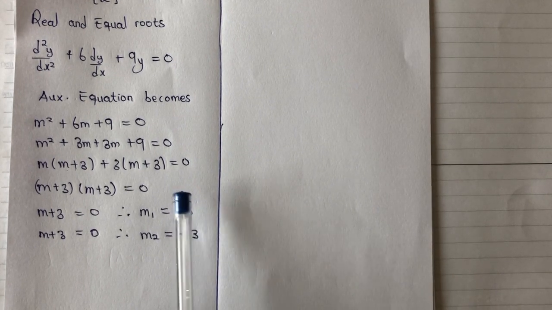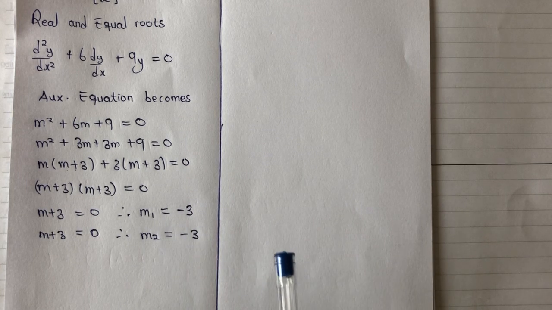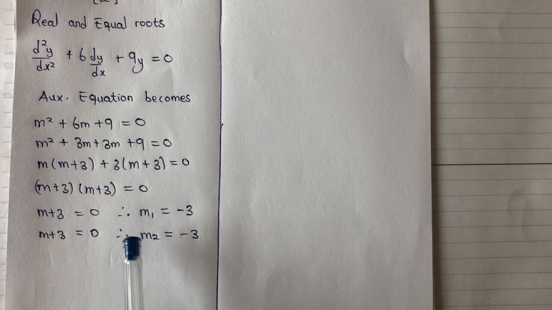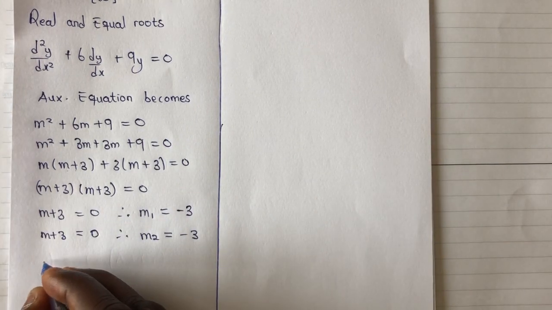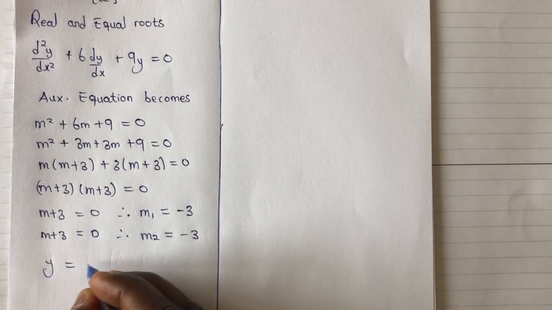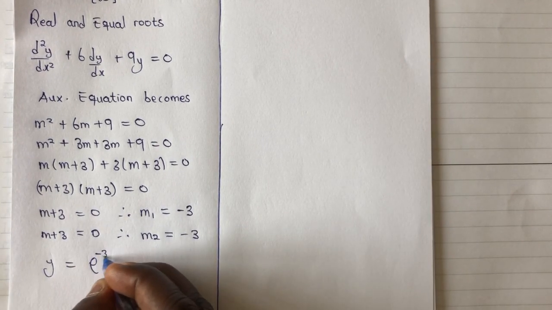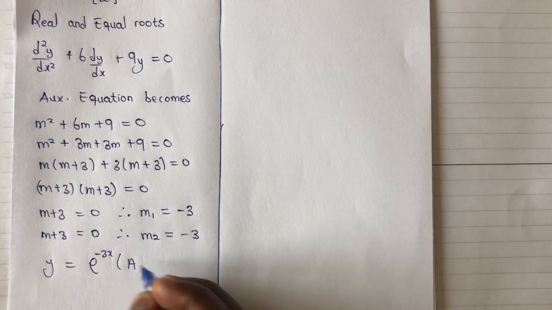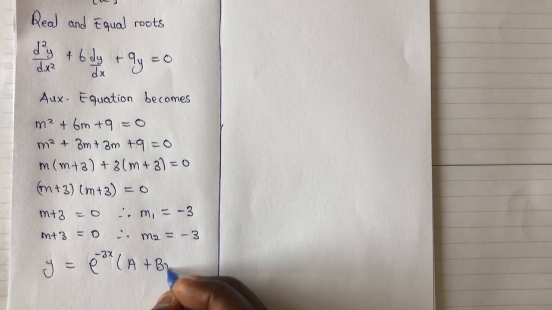That is equal roots, but they are also real. So that is what we are talking about. What will be the general solution for y in terms of this function? So this one, we have y equals e raised to the power minus 3x into a plus bx.